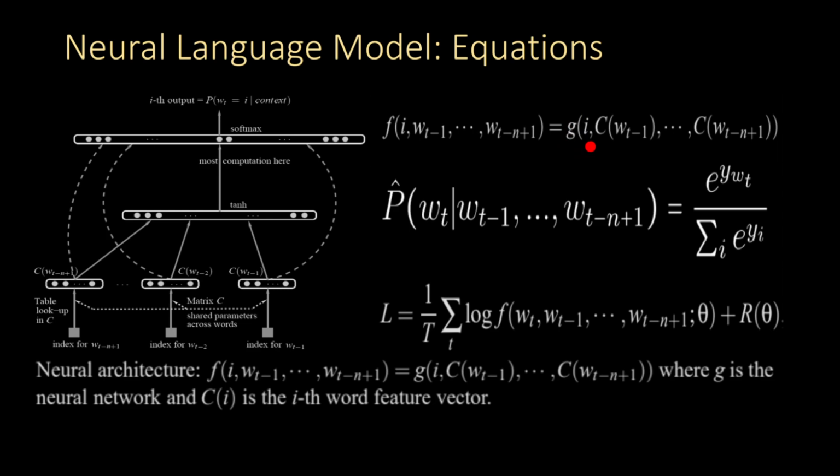Basically, your entire neural network is the function g that, for each word i in the vocabulary and a set of words in the history, w_{t-1} all the way to w_{t-n+1}, and their corresponding projections, can predict the probability of the ith word in the vocabulary.